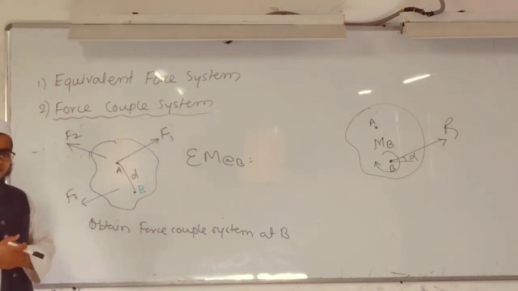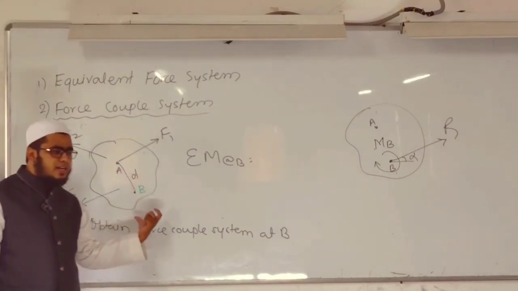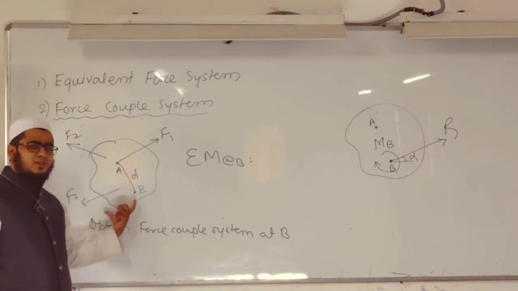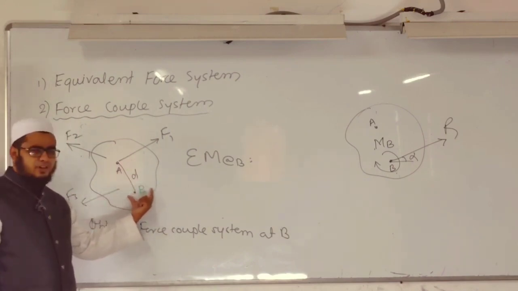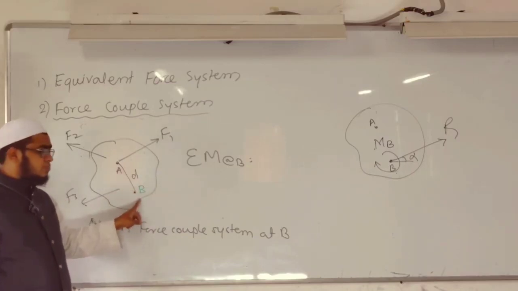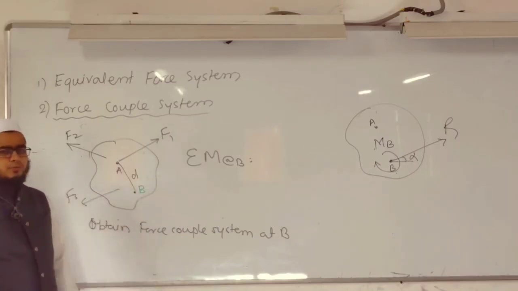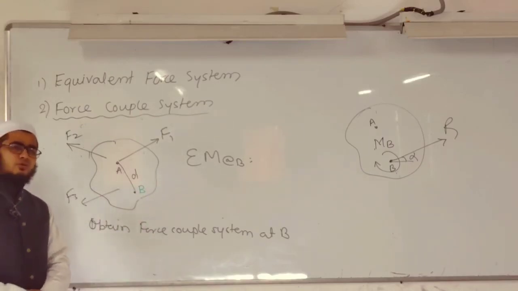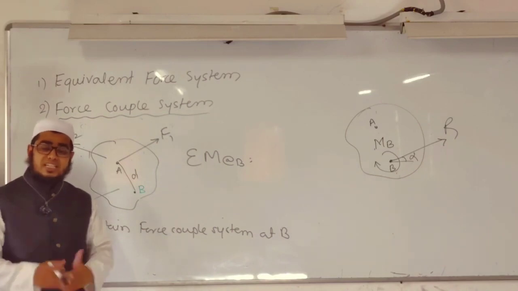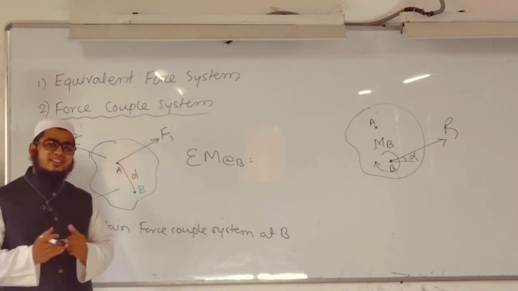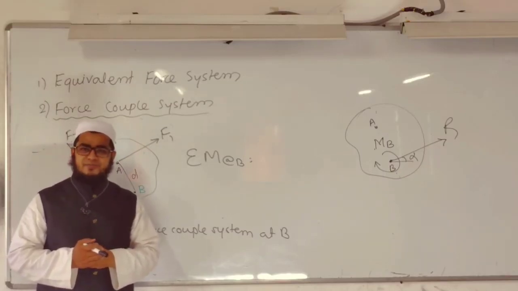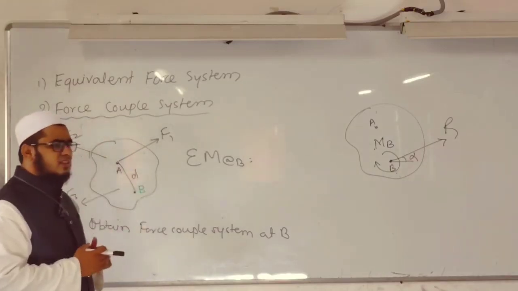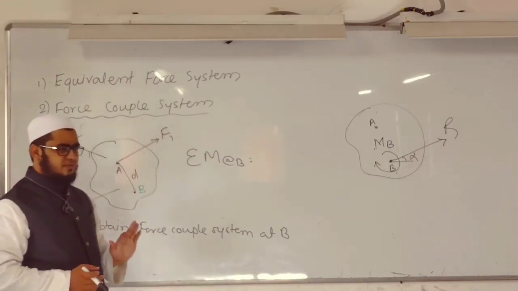In the second step, calculate the moment of the force system about the desired point. Means if my desired point is B, then I will calculate the moment about point B. Moment calculation, you know that. We have to calculate the moment due to each force. We have to consider the sign convention, anticlockwise as positive, clockwise as negative, and show the algebraic sum along with the orientation.